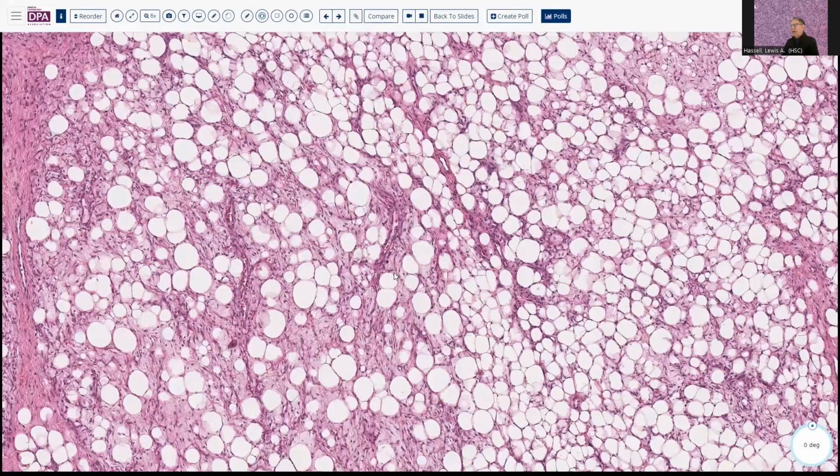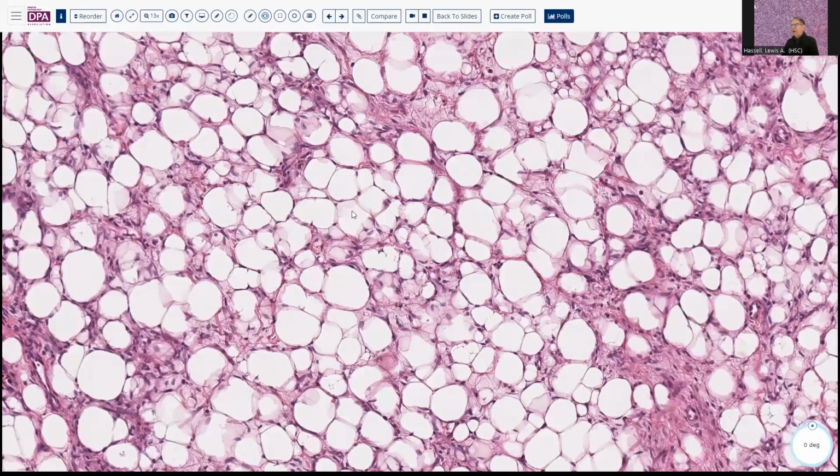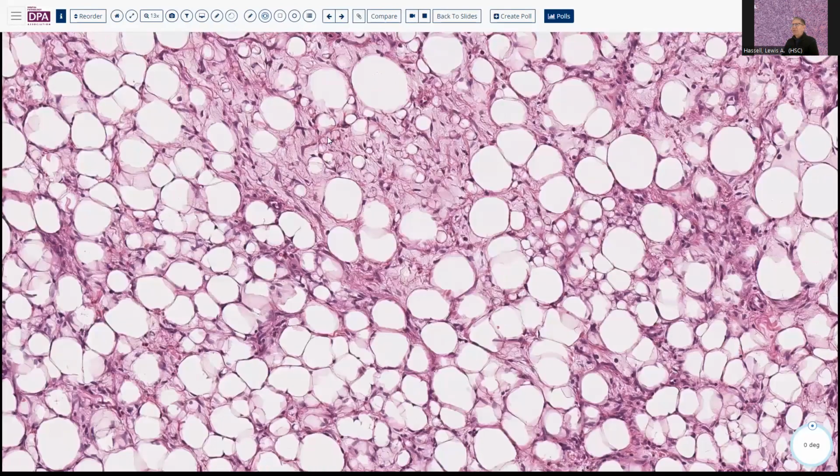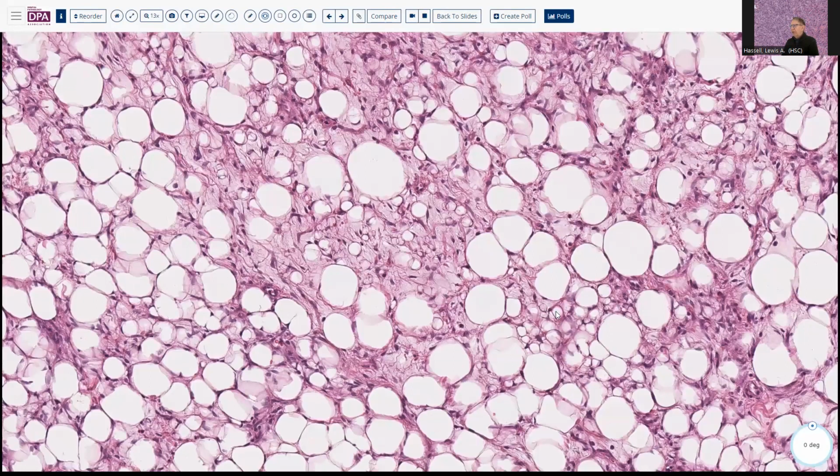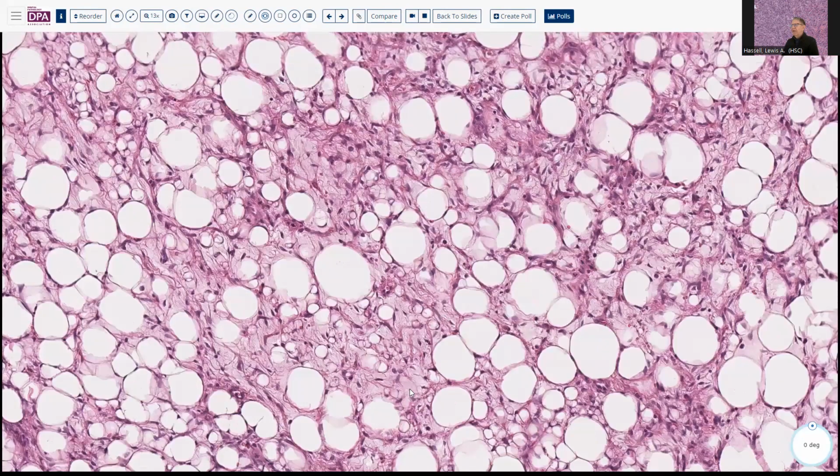And if we come down to some areas like this, I think you'll begin to see and recognize that we have a variety of lipoblastic cells, which are displacing the nucleus. Here's one with a couple of fatty septi and indentations of the nucleus characteristic of a lipoblast.